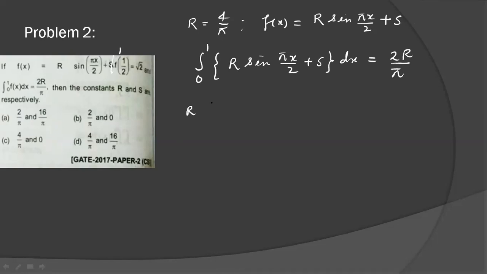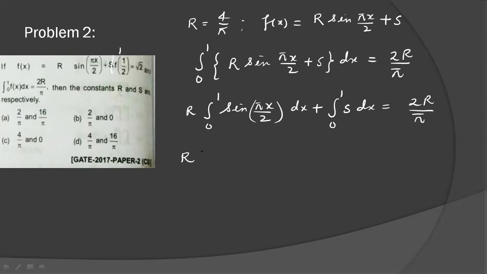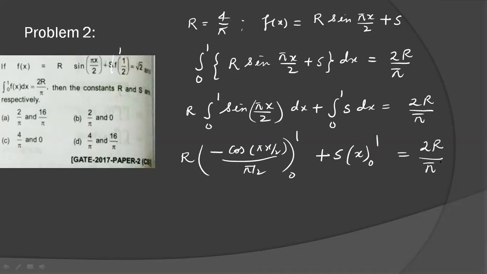equal to 2r upon pi. Separate it: integral 0 to 1 sine pi x by 2 dx plus integral 0 to 1 s dx equal to 2r over pi. So the integration of sine will be minus cos pi x by 2 over pi by 2 from 0 to 1, plus s into x from 0 to 1, equal to 2r over pi.